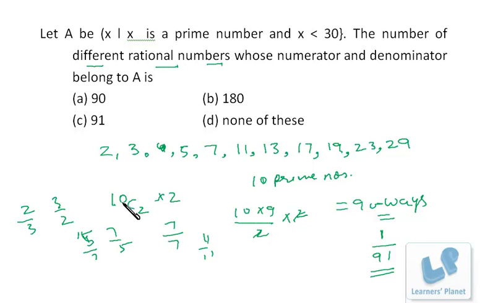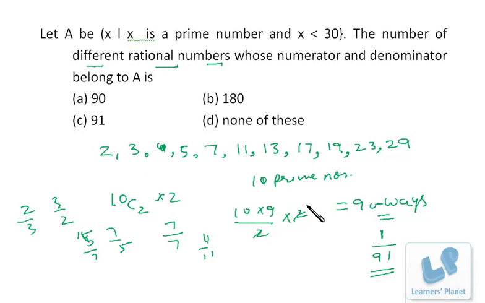So first of all, what we did, we selected two prime numbers out of 10 and arranged them in two factorial manner. So the numerator and denominator in all these cases, that means in 90 cases, are different, because while we are doing 10C2, two different numbers will be selected definitely, right?